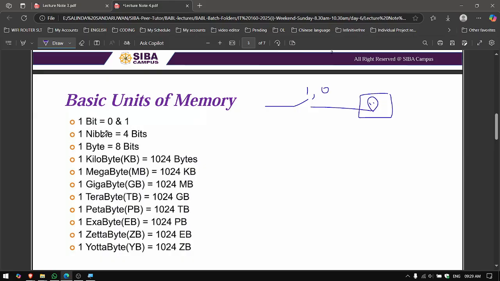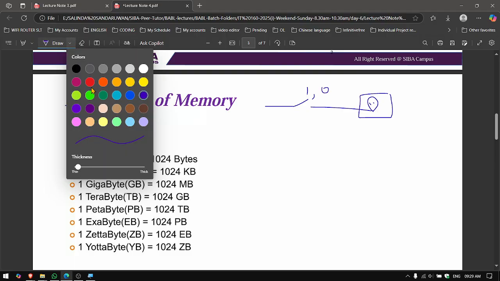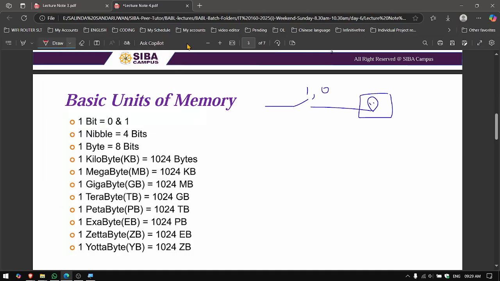And then 4 of these bits, 4 bits, will be called one nibble.